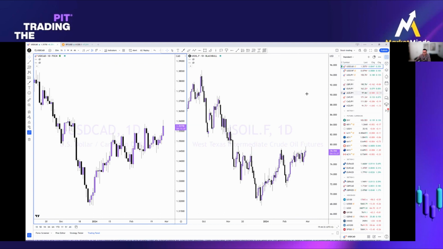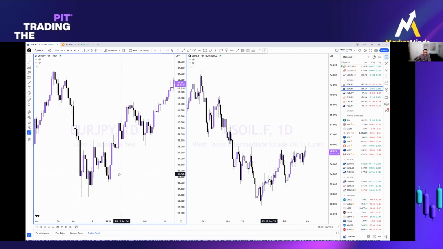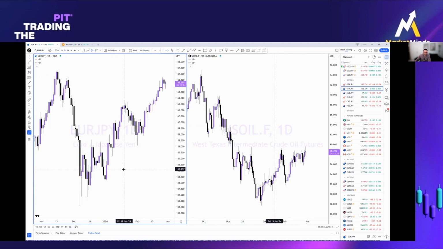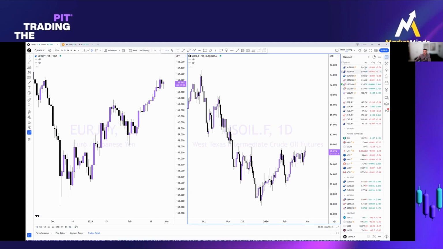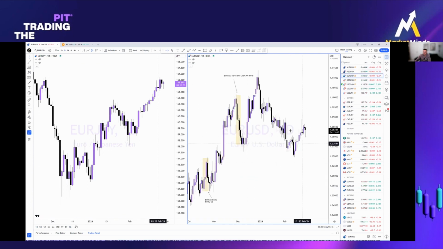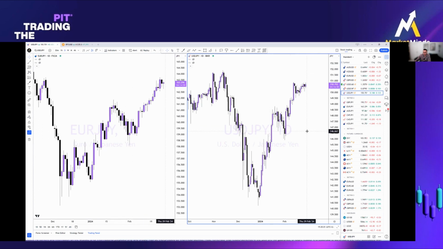And the last one, Euro JPY, I leave this as a standalone. On the Euro JPY now, the price moves upwards, and remember what we said before? This chart is made by the Euro US dollar, what's going on there, and the USD Japanese yen, what's going on there.